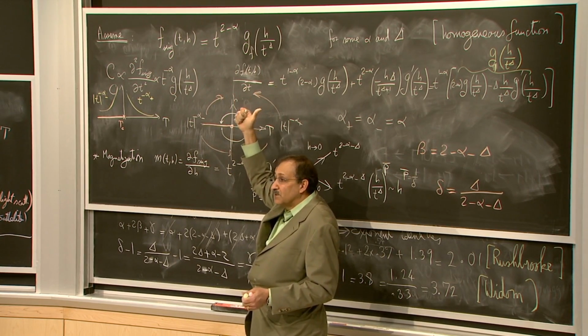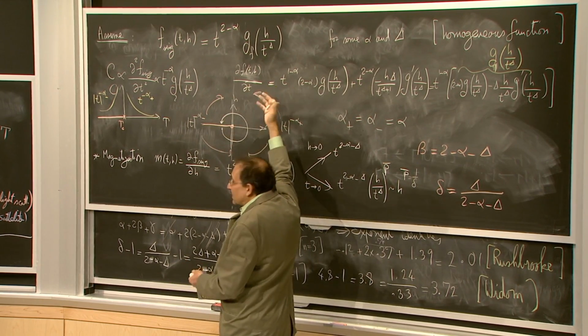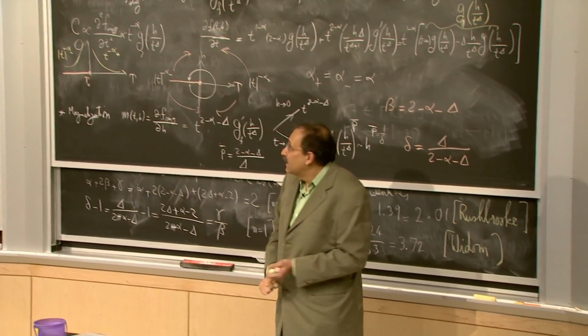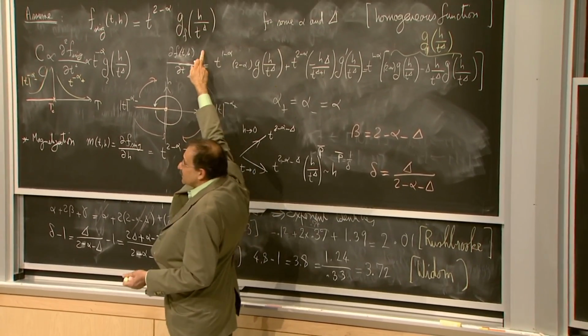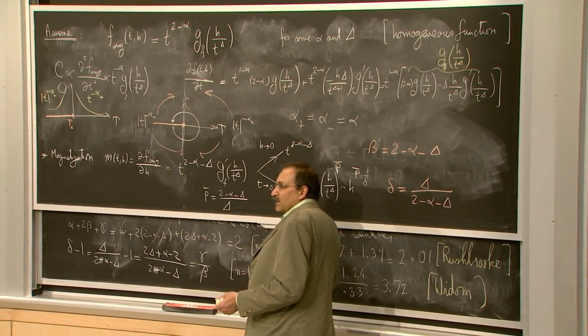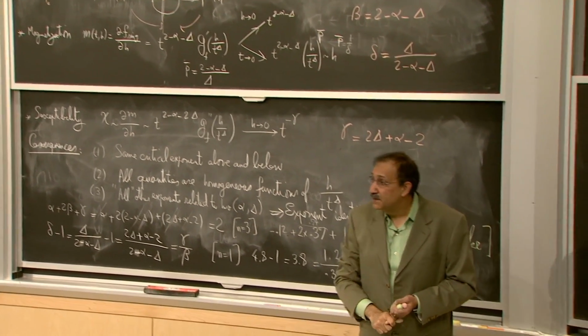That homogeneous function will depend on two exponents. I chose to write it as 2 minus alpha so that one of the exponents would immediately be alpha. The other one I couldn't immediately write in terms of beta or gamma. I had to do these manipulations to find out what the relationship is between the rest of them.